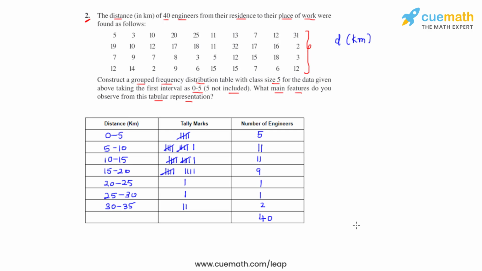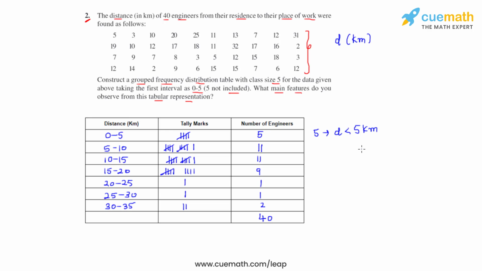So from this, we can observe that there are 5 engineers for whom the distance D is less than 5 kilometers. That is, their office or place of work is less than 5 kilometers from their place of residence.